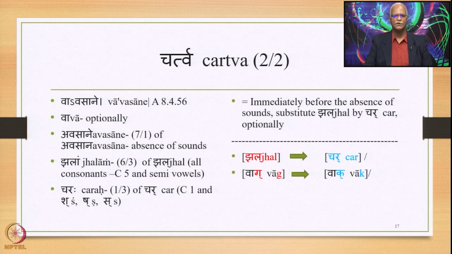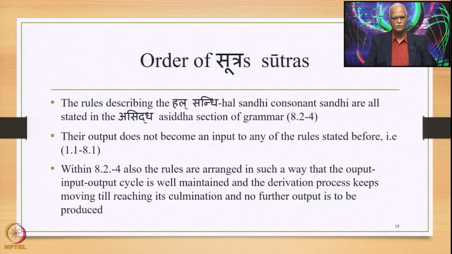This is how charatva sandhi can also be described. So we have studied the other sandhis, namely kutva sandhi, jashtva sandhi and chartva sandhi also. It is noted that these three rules belong to the asiddha section of the Ashtadhyayi.